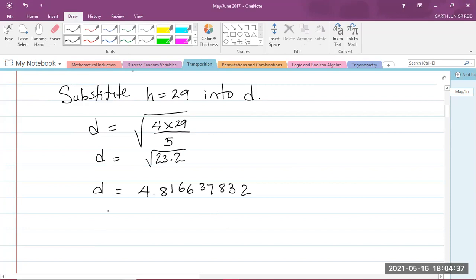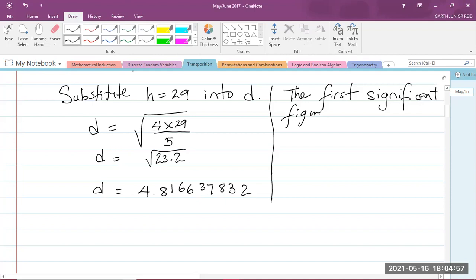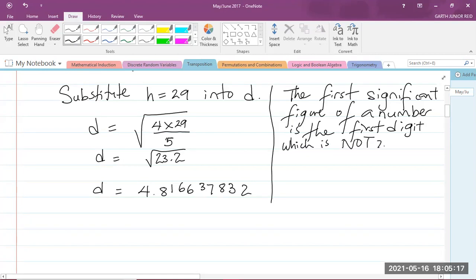So let me write a statement here so that you remember: the first significant figure of a number is the first digit which is not 0.